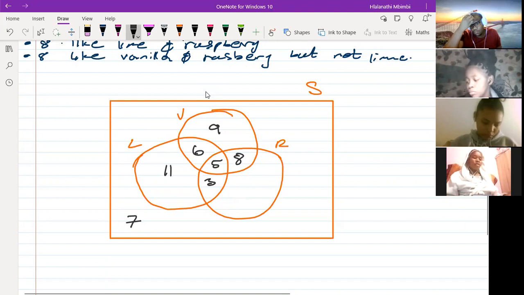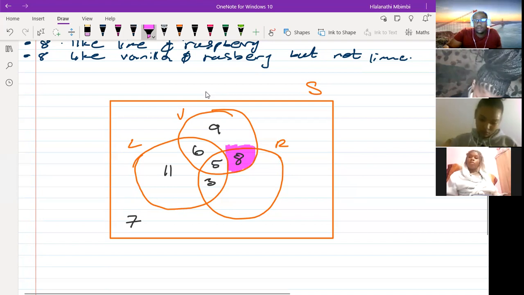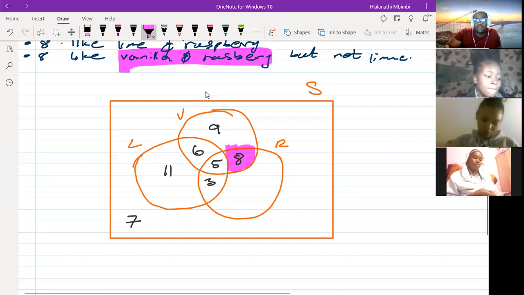The reason why we only say 8 is that we do not include the people who like vanilla. So we're only looking at the circle of R and V. Yes, but not lime, which is really what the statement says.